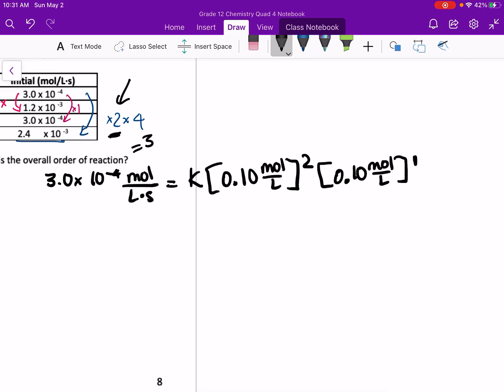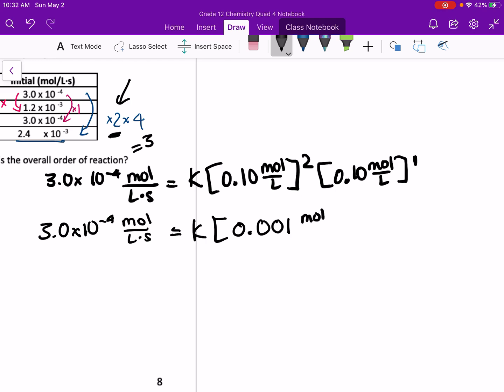When I expand this, I'm going to get 3.0 times 10 to the negative 4 moles per liter second, K, and I get overall 0.001 when I do 0.1 to the power of 2 times 0.1. This is the number I get. And I have to remember that my units aren't crossing out here. I have mole squared, liter squared, times mole per liter.